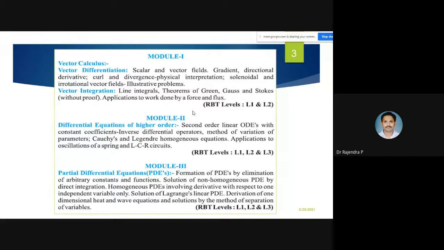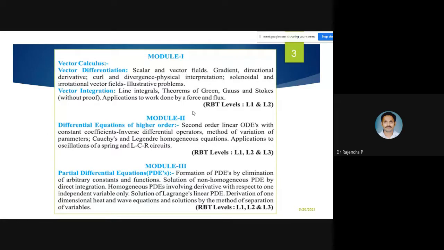They have the same concepts like Green-Stokes and Gauss divergence theorem, and their problems also will be there as well as here. So anyway, we'll change our sequence of delivering the modules. In that case, we may not be in trouble. I think they are starting with module 1, so we'll start with module 2, differential equations of higher order.